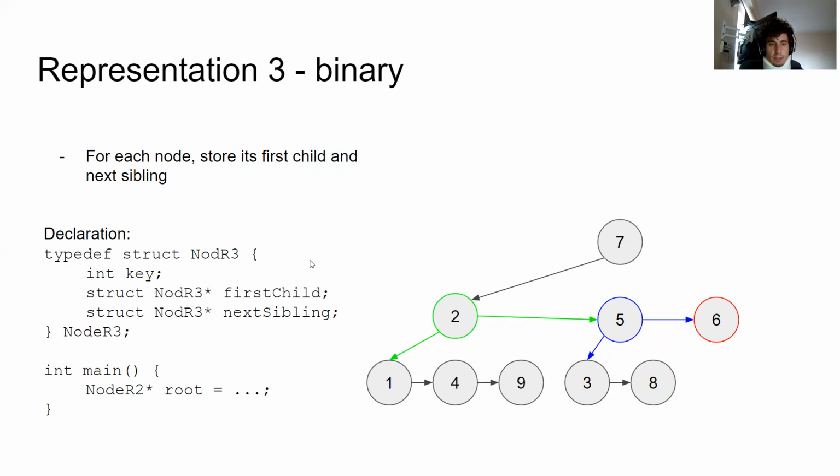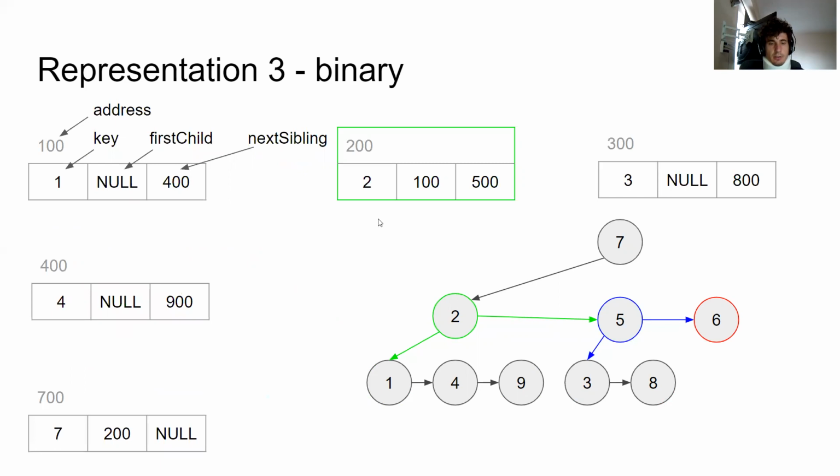All right. So the data structure looks like this. We have a key, the number of the node, and 2 pointers, one for the first child and one for the next sibling. And if we put some numbers in, it will look like this.